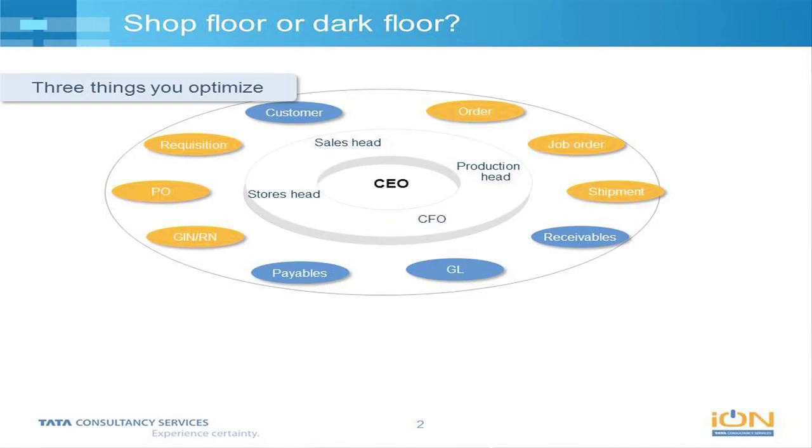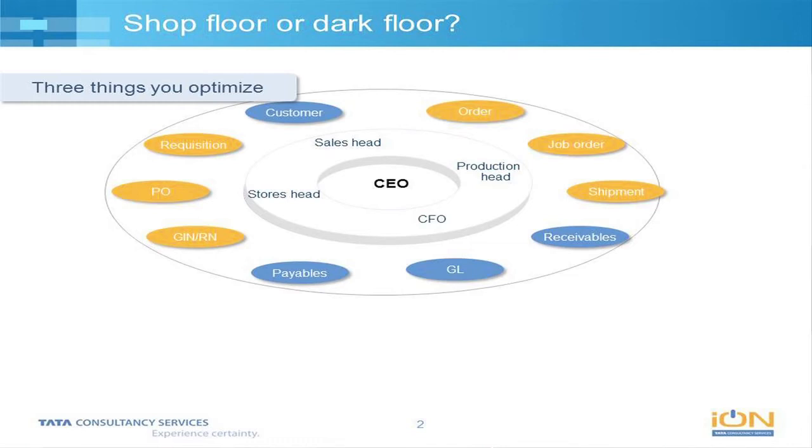On the left side, we have the procurement to pay process. That is, there's a requisition to suppliers, there is a purchase order, there is a GRN, and finally payout to the supplier. And at the bottom, you see the accounting system, which is the receivables, payables, and the general ledger.